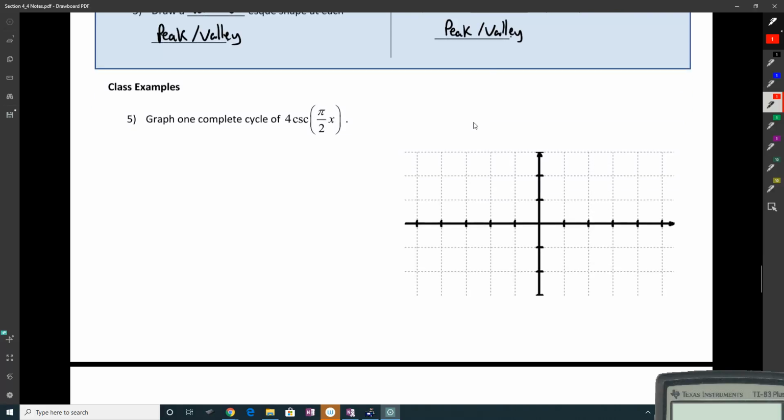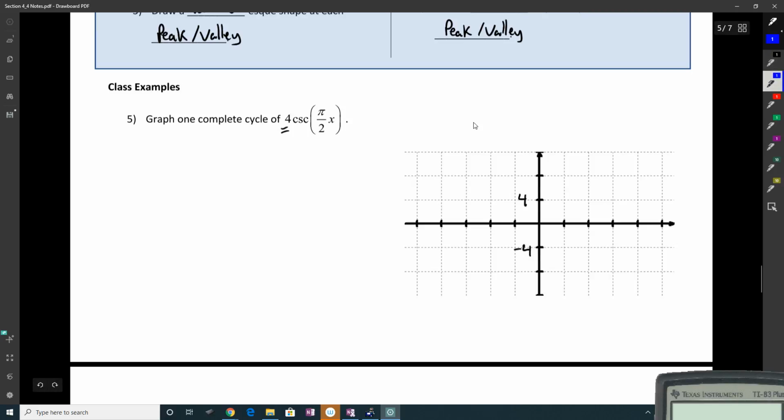Graph one complete cycle of 4 cosecant of pi over 2 x. I know that my amplitude is 4, so this is going to be 4, negative 4.